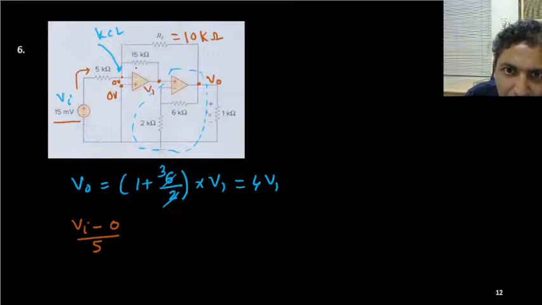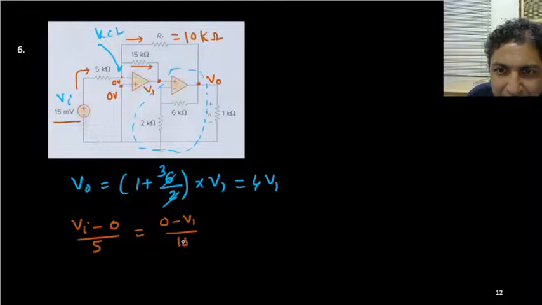And this current will be the same as this current plus this current. That will be 0 minus V1 by 15, plus the current through RF, which is 0 minus V0 upon RF. RF is your 10.